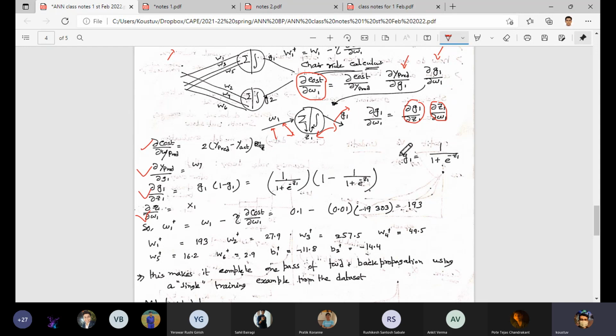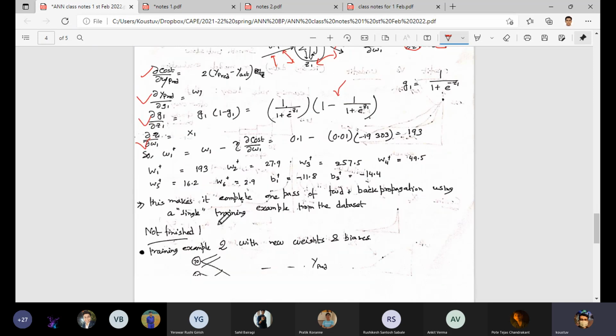There was one thing, del G1 del Z1, which looks like this, because if you take the derivative, it will come as a multiplication. It can be simplified to look like this, and this is written as G1 into 1 minus G1.